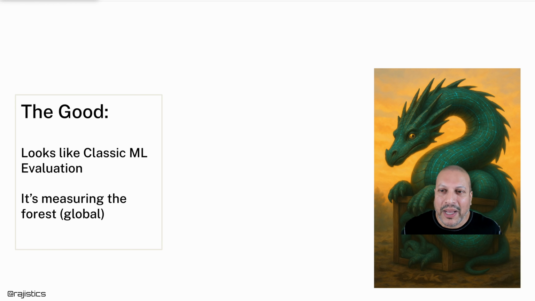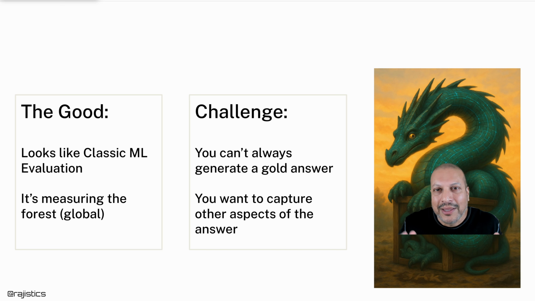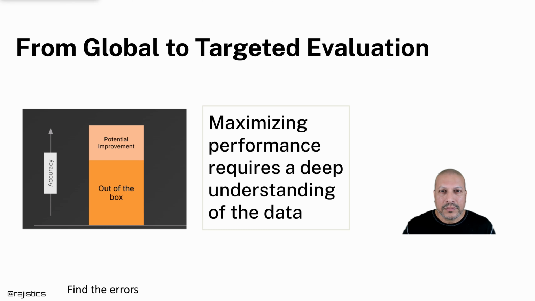Now, the bad part about this is, like you can see, you can't stuff the entire dragon in the box, because there are things we're missing here. There are other aspects of the answer that we're not catching when we just focus on this equivalence thing. The other part is sometimes it's really hard to generate that gold answer, and I want to touch upon that as well.